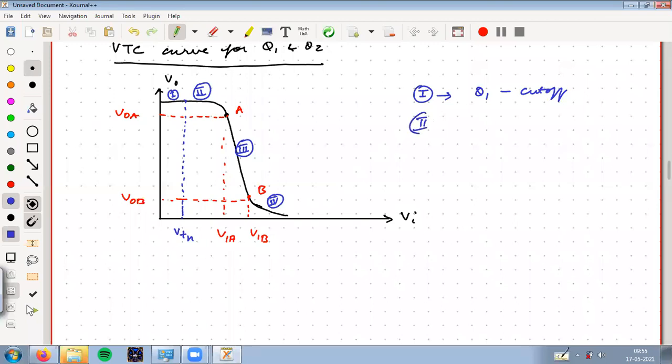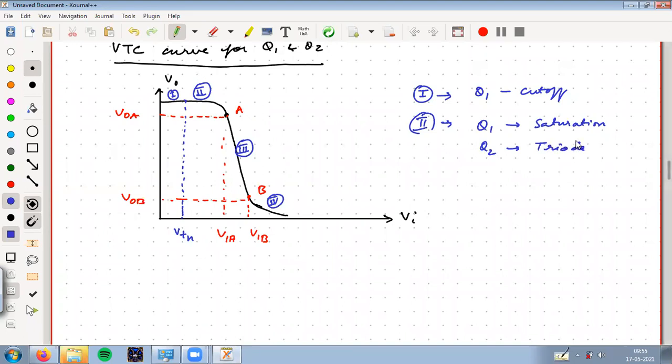In region 2, Q1 is in saturation and Q2 is in triode.